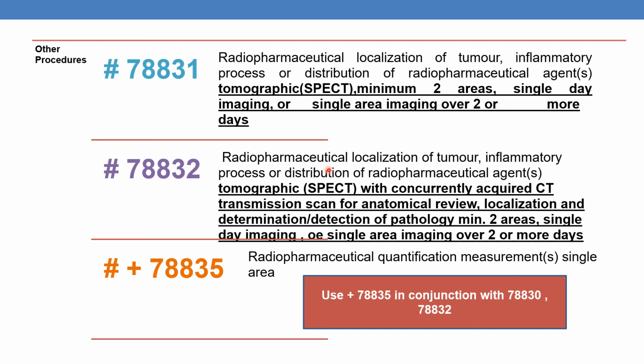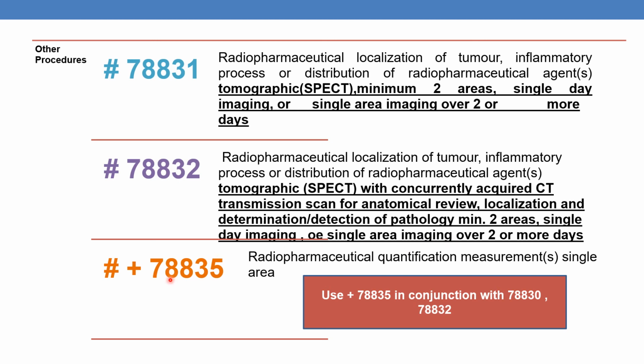It also deals with radiopharmaceutical localization of tumor, inflammatory process or distribution of radiopharmaceutical agent, but SPECT, tomographic study with concurrently acquired CT transmission scan for anatomical review, localization, determination or detection of pathology, minimum 2 areas, single day imaging or single area imaging over 2 or more days.